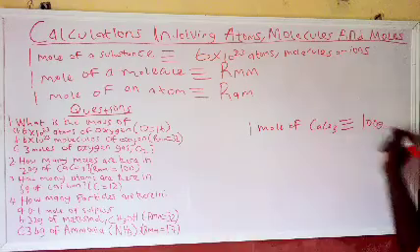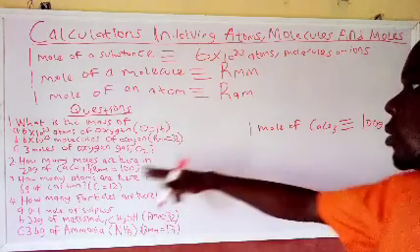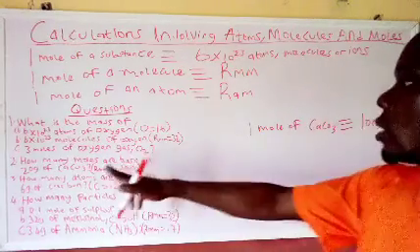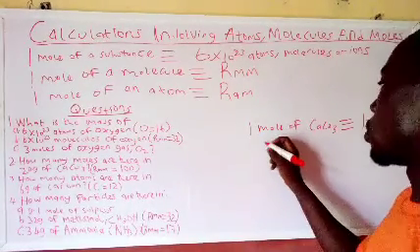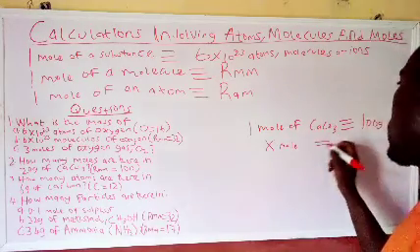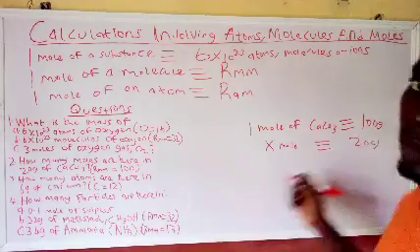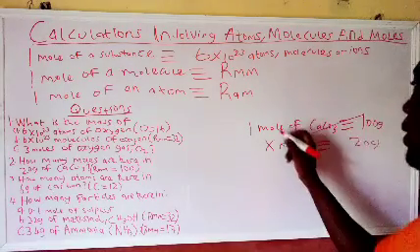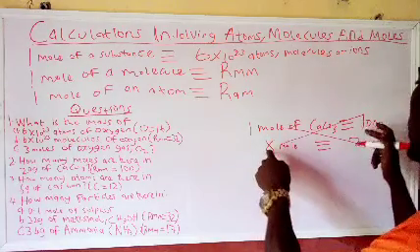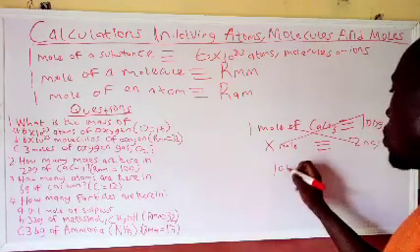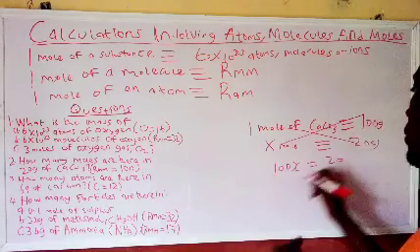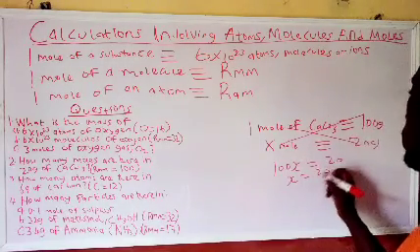Now they said, how many moles are there in 20 gram of CaCO3? So X moles will be equivalent to 20 gram. If you cross multiply here, what you will have is 100x equals 20 times 1, which is 20, then x equals 20 over 100.